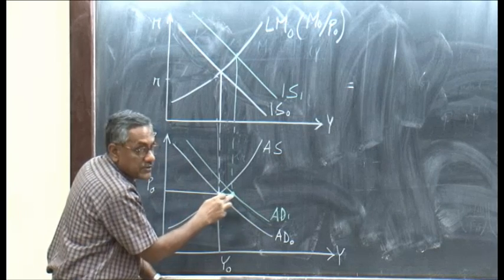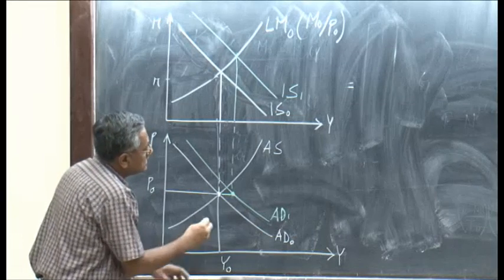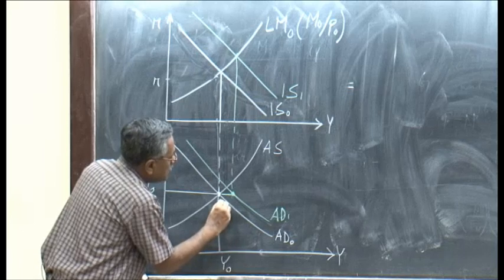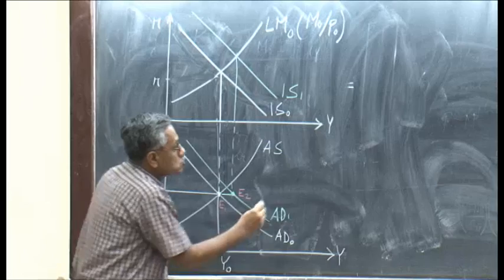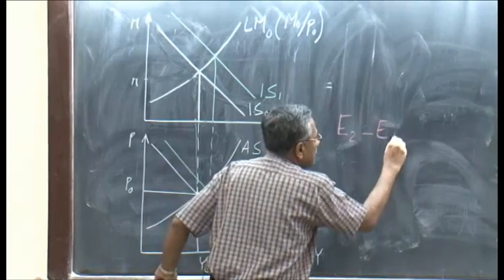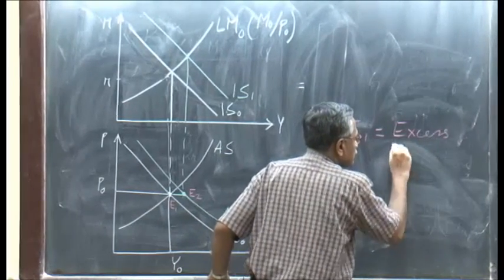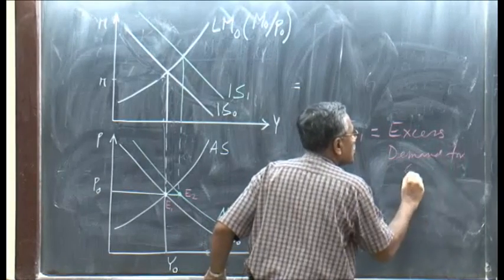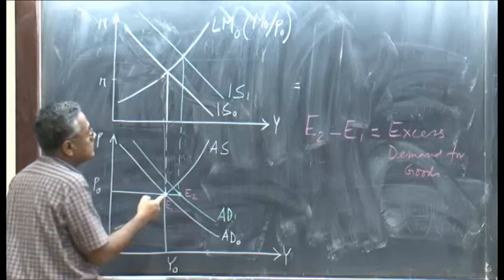There's an excess demand. You can call this one maybe E1, and this one can be called E2. So E2 minus E1 is equal to excess demand for goods.